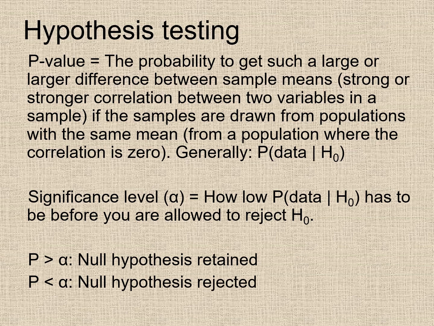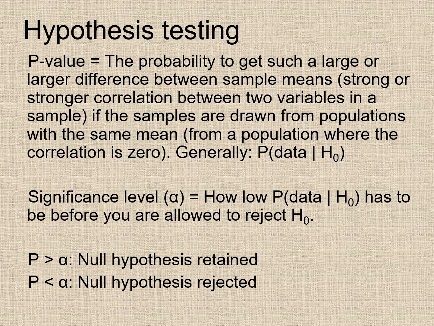So in this case, if we calculate the difference between two sample means and we calculate the p-value, the probability of getting this large or larger difference between the sample means if the population means are the same, and the p-value becomes larger than 5%, larger than 0.05, then we have to retain the null hypothesis.